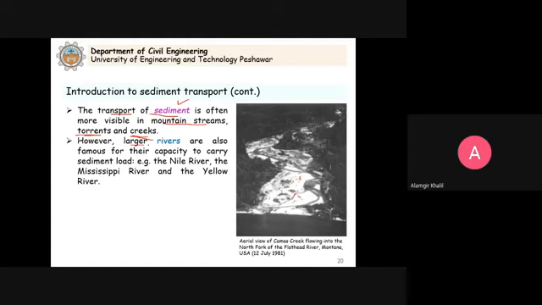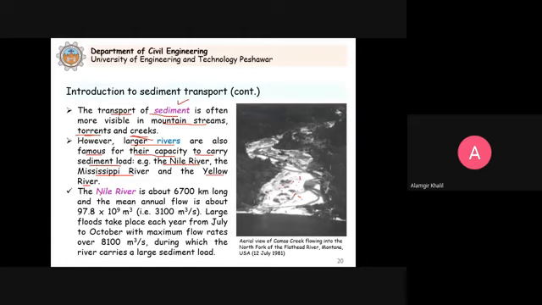However, large rivers are also famous for their capacity to carry sediment load. For example, the Nile River, which originates in Ethiopia, passes through Sudan and then into Egypt. The Mississippi River in the US and the Yellow River in China.